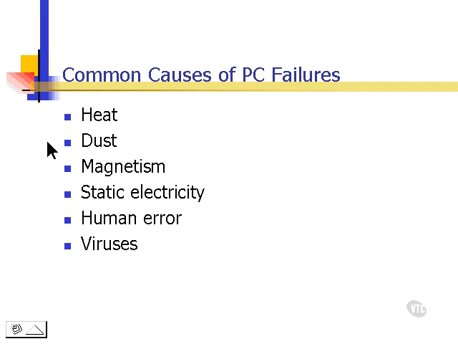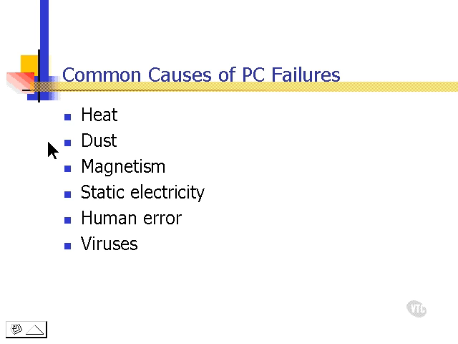Dust can also damage a PC. If we must have a PC in an environment that's dusty, like a warehouse or a manufacturing floor, then we should take special precautions to make sure that it's protected from the dust. Newer PCs blow air out, which is much better.